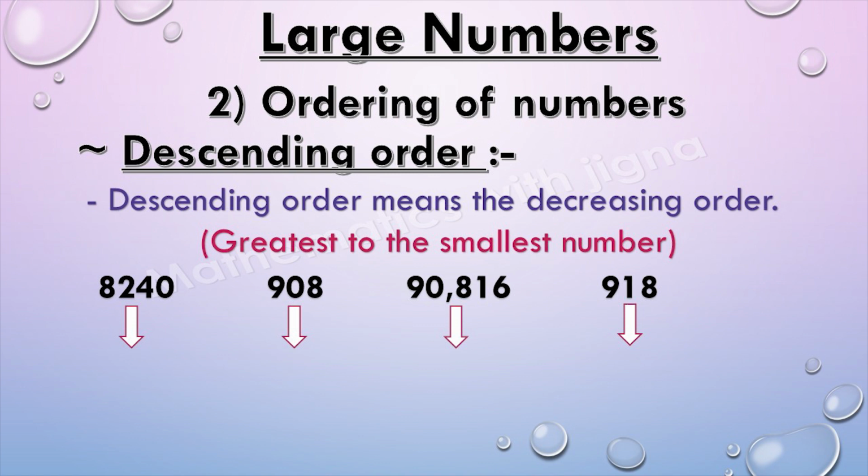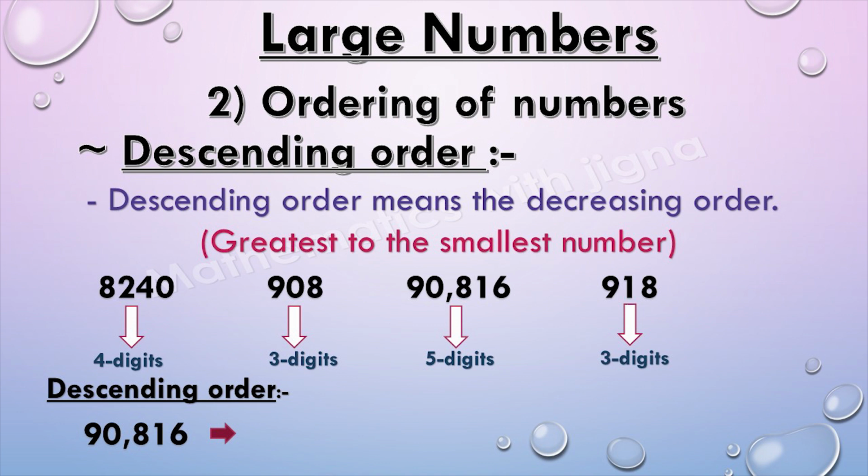Here, the first number has 4 digits, the second number has 3 digits, the third number has 5 digits and the fourth number has 3 digits. So, the third number has more digits. So, we write it first in this order.